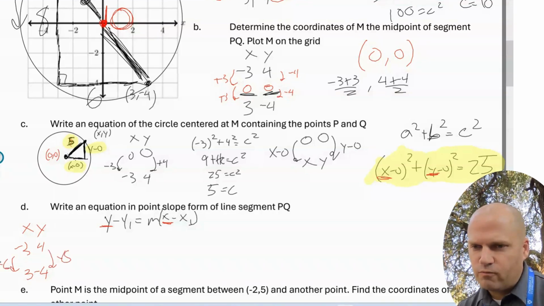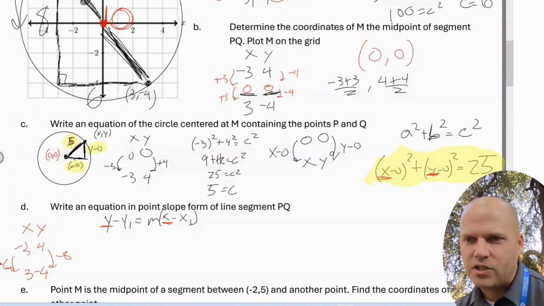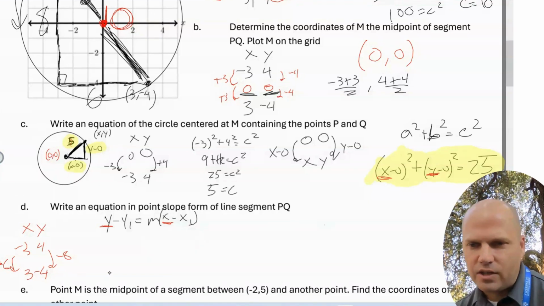But please, please, please do rise over run. Y's over x's, because we got x's and y's in this fashion. We need y's over x's.